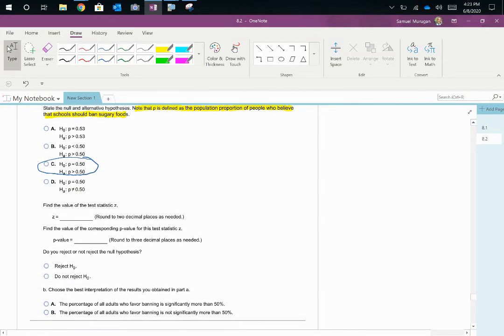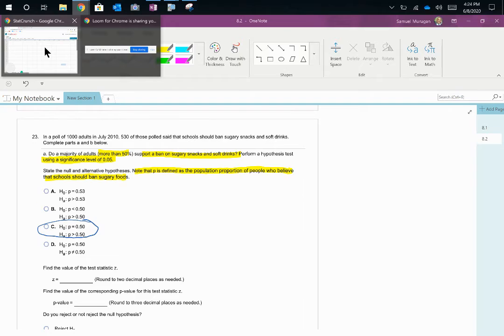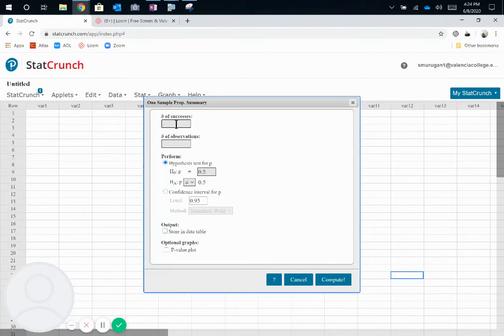So we're going to go straight to technology to compute this. This is 530 and 1000. And I'm going to use StatCrunch. If you want to use your calculator, that's fine, but I'm going to go ahead and use the StatCrunch program. So Stat, Proportion Stats, One Sample, With Summary. I'm going to type in my two numbers, 530 and 1000.